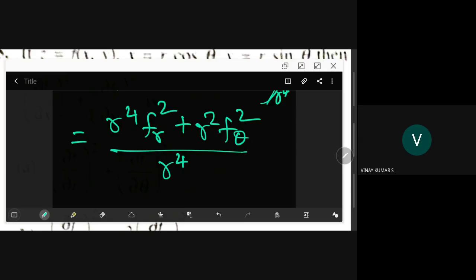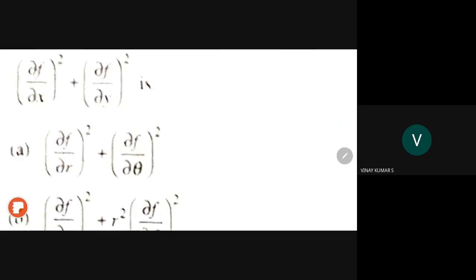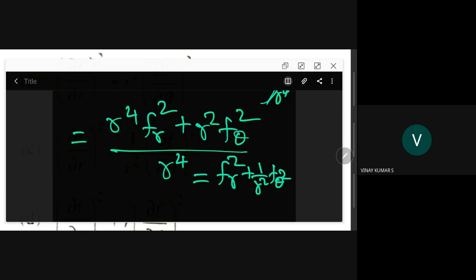So this is fr square plus 1 by r square f theta square. We need to check this computation carefully because of the scrolling. So yes, C is the answer.